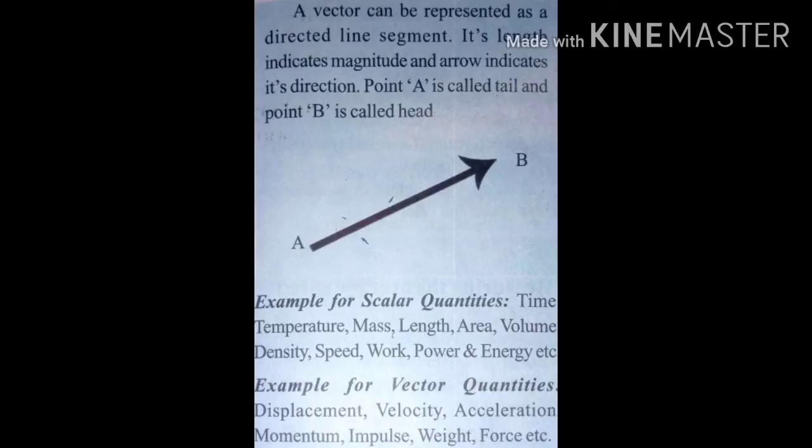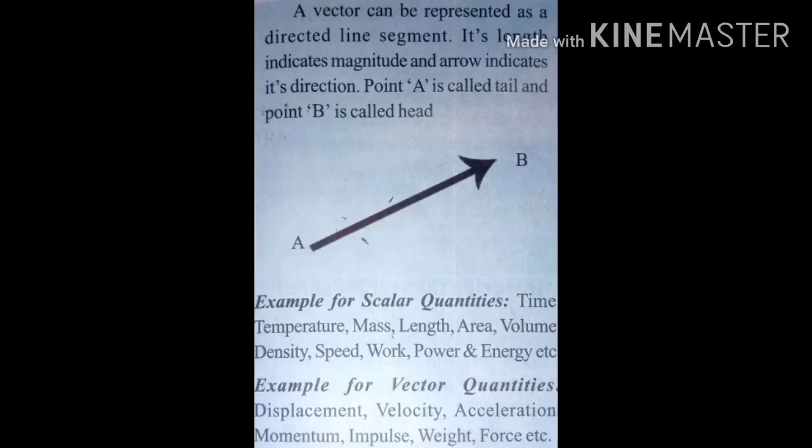A vector can be represented as a directed line segment. Its length indicates magnitude and arrow indicates its direction. Point A is called tail and point B is called head.